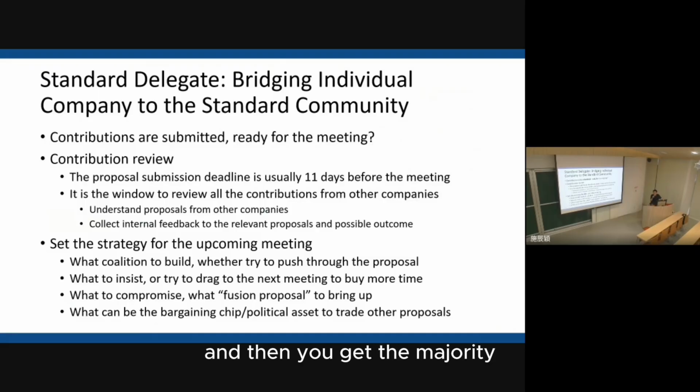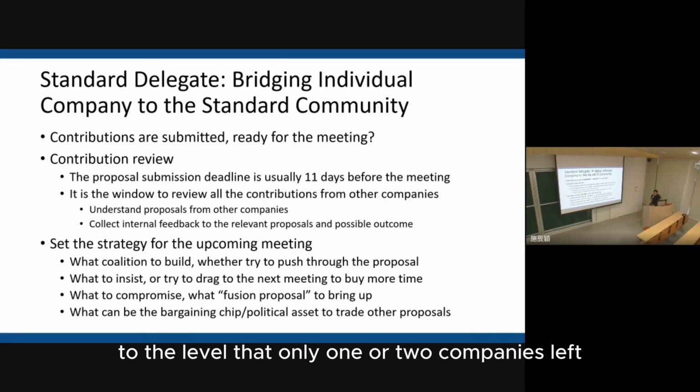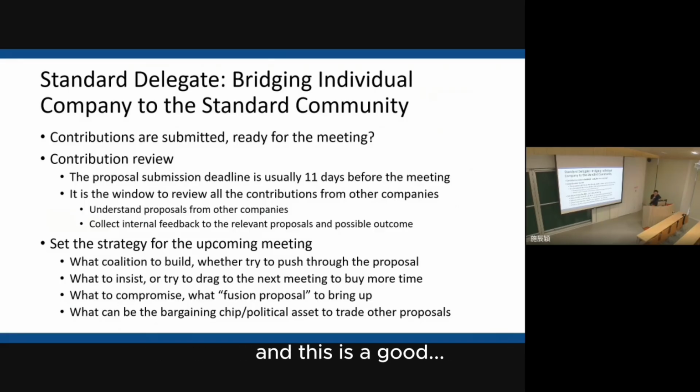And then you get the majority, and once you're in majority, especially the majority to the level that only one or two companies left, this is a good topic that you can expect everything aligned with what you want.